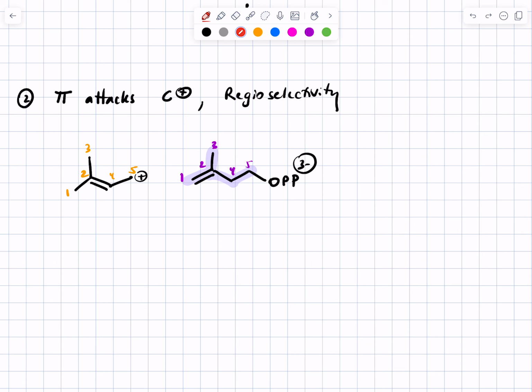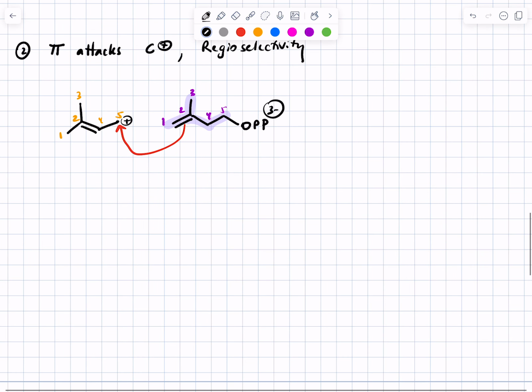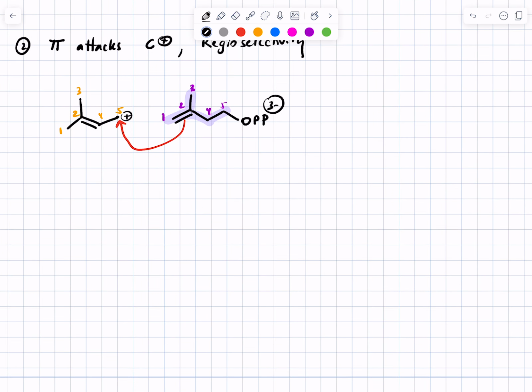So we'll show the pi electrons from the bond between purple 1 and 2 attack carbon 5 to make a new bond between purple 1 and orange 5. That new bond we will illustrate here in red.